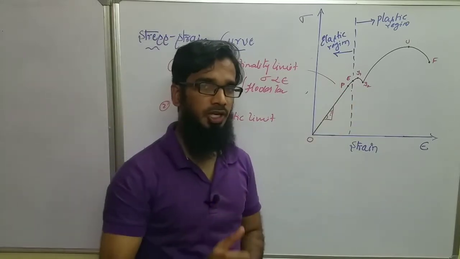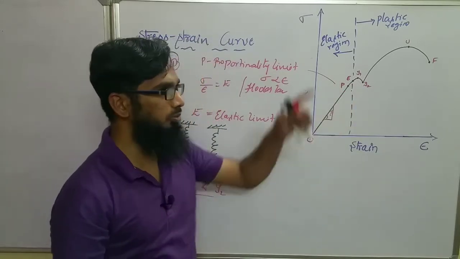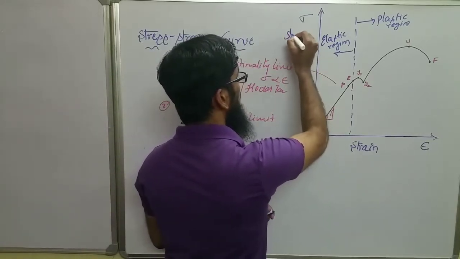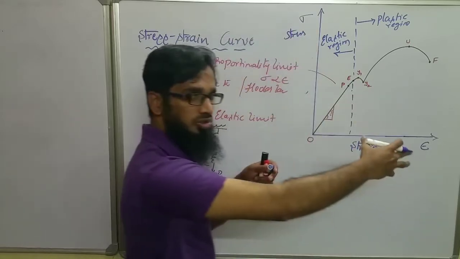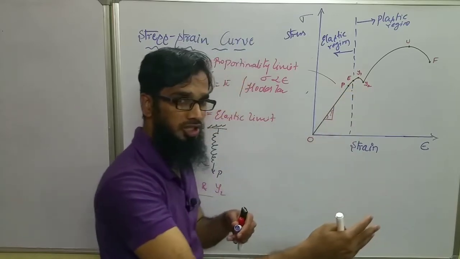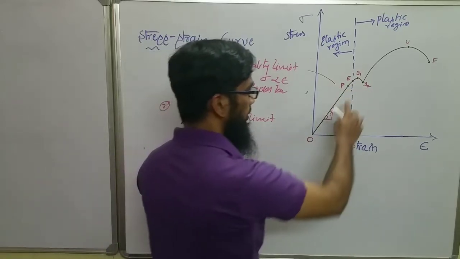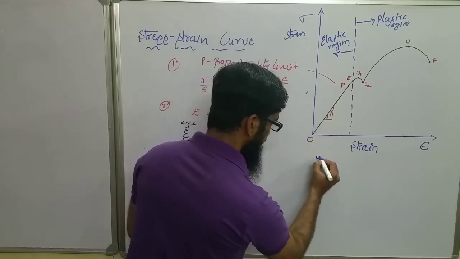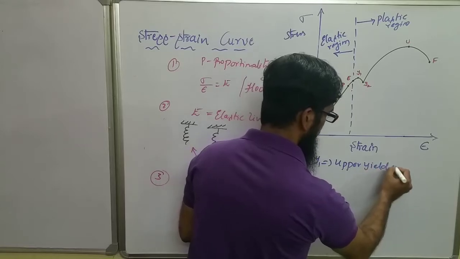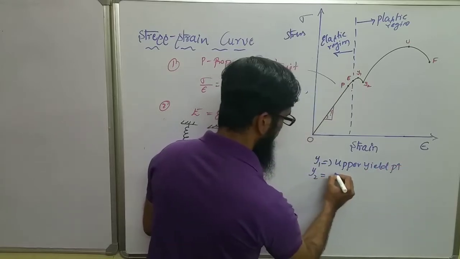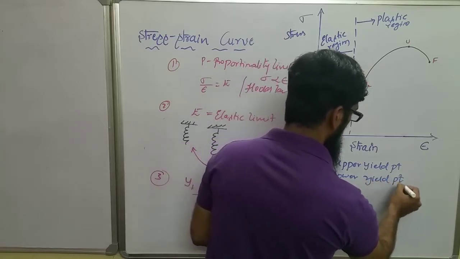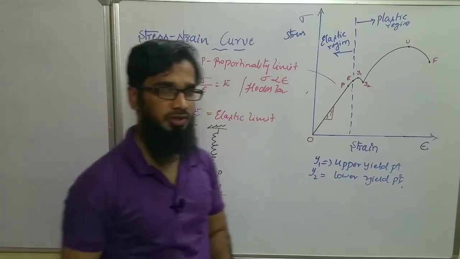Now what are Y1 and Y2? Once you apply the load, deformation takes place. Beyond E also there will be deformation, which means there will be strain. Y1 indicates the upper yield point, and Y2 indicates the lower yield point.